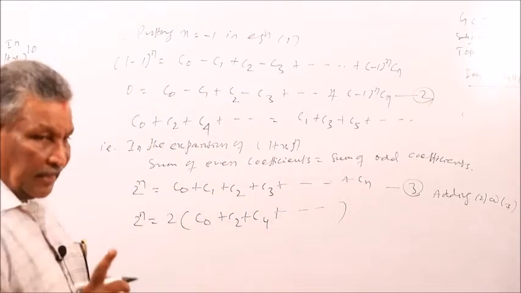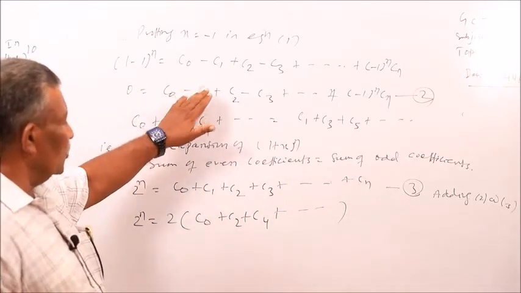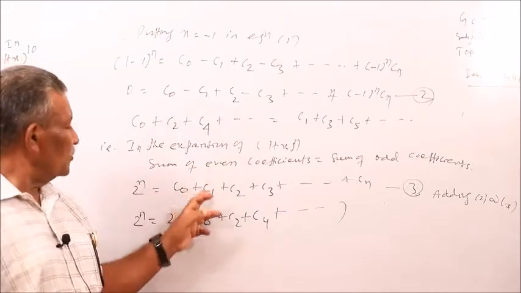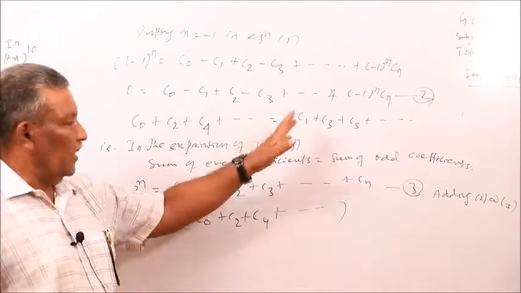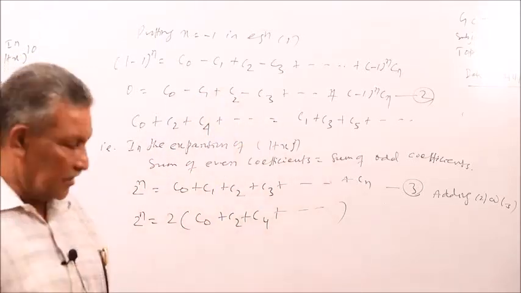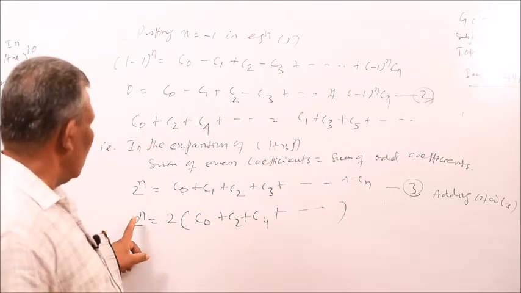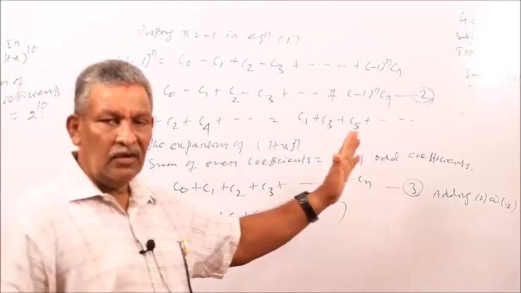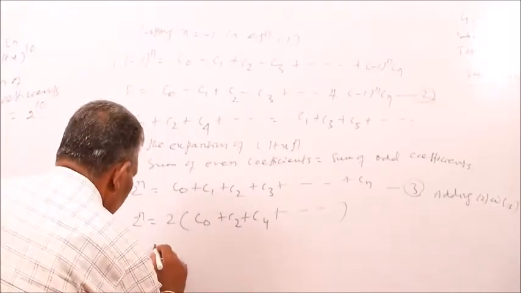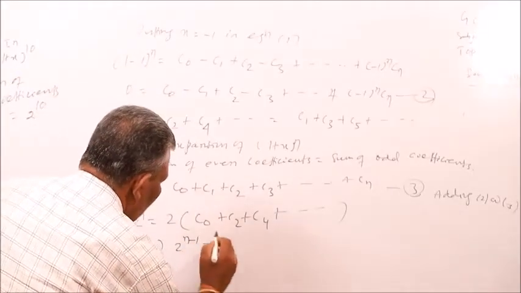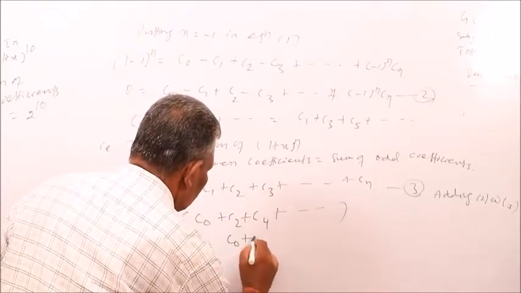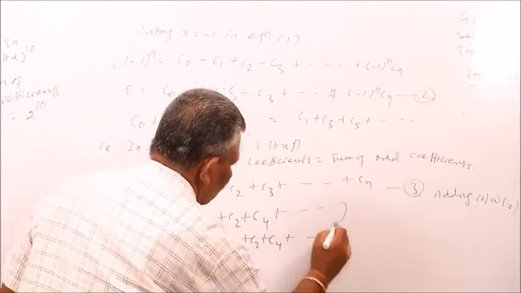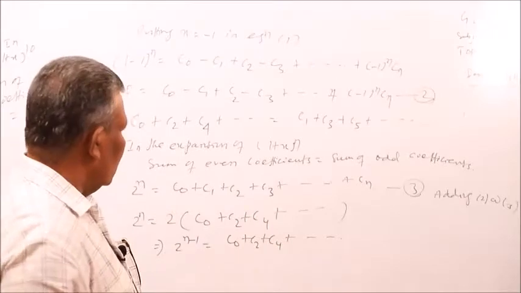Again I am repeating: while adding equations 2 and 3, the odd terms C1, C3 will all be cancelled. So 2^n equals 2 times (C0 + C2 + C4 + ...). That implies 2^(n-1) equals C0 + C2 + C4 and so on.